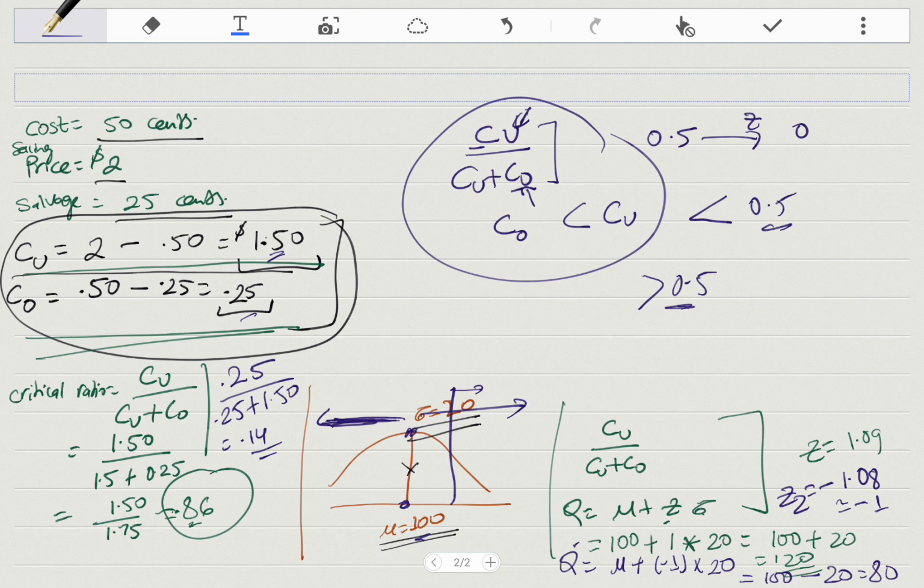Basically, if the cost of ordering more is higher than the cost of ordering less, you want to make an error on the lower side. That's the whole logic of this newsvendor model.